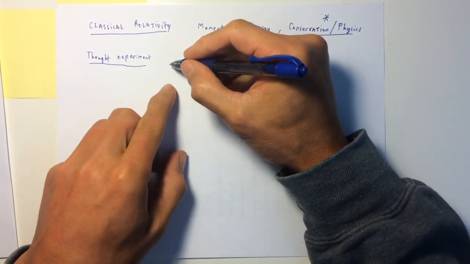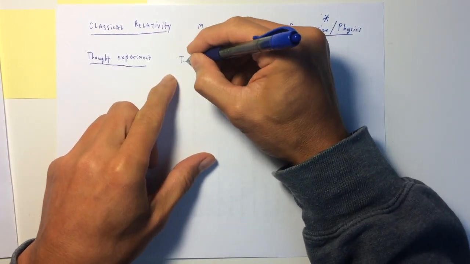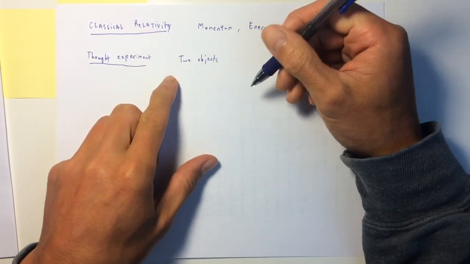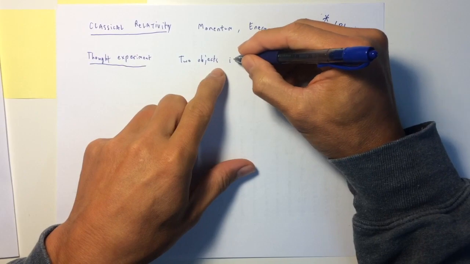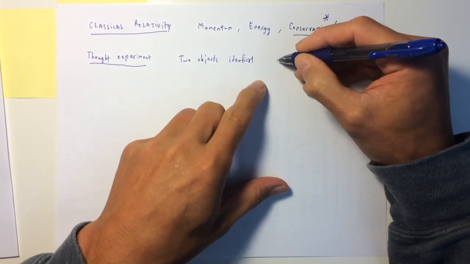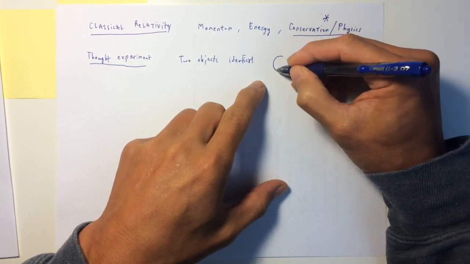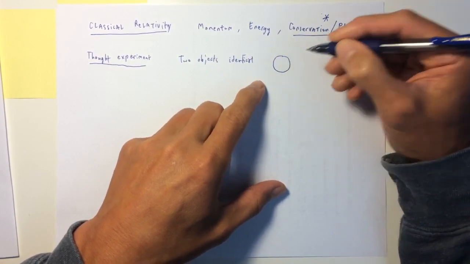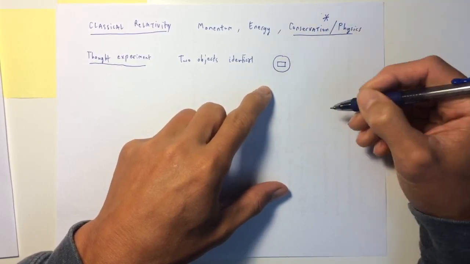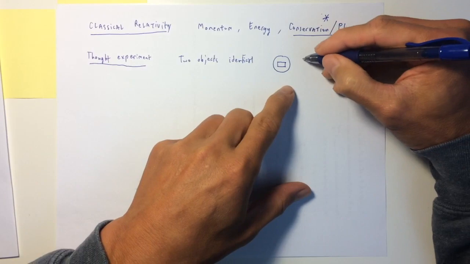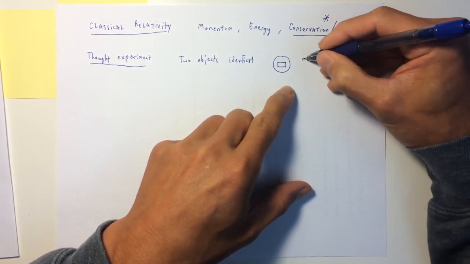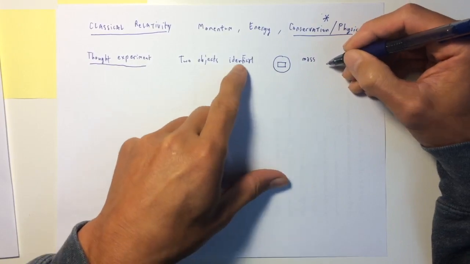So we're going to have two objects. In our thought experiment, these are two objects that are identical, and what they look like is this. Each of them is like a little ball, and the little ball can report its own temperature. Each of these things has the same mass because they're identical in every way.